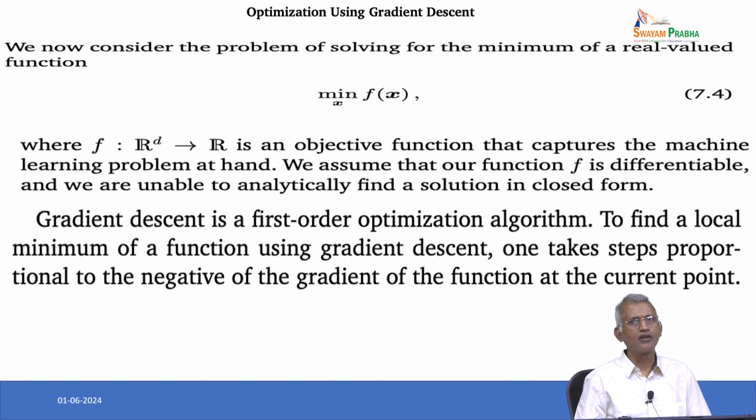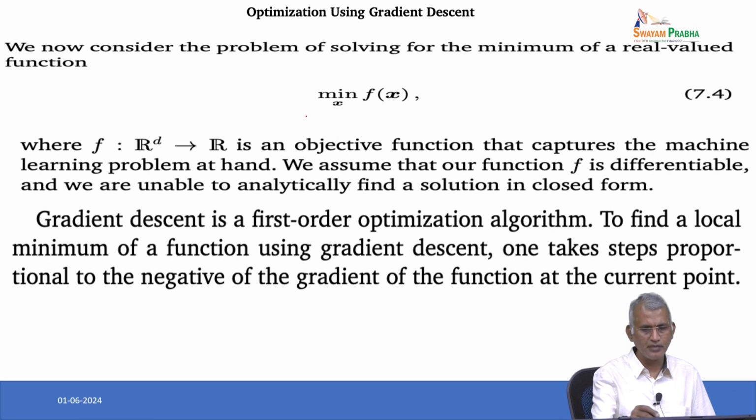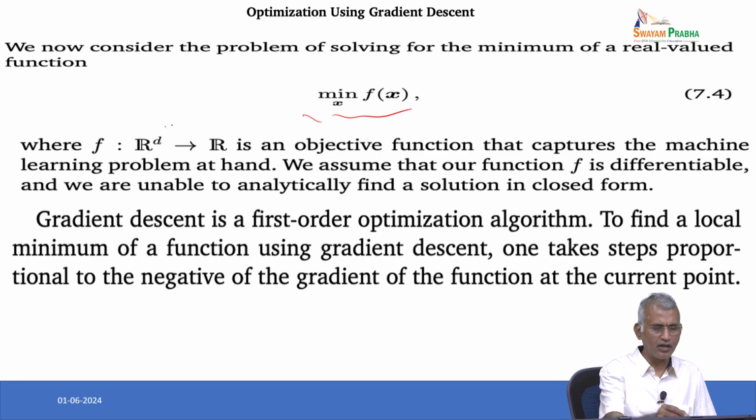The problem is solving for the minimum of a real valued function, minimum of f of x, where f from R power d to R is the objective function that captures the machine learning problem at hand, and we assume our function is differentiable.